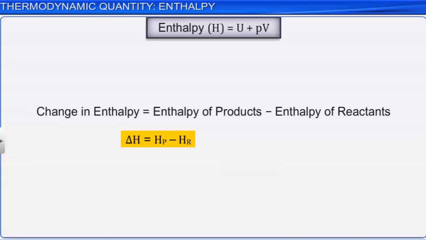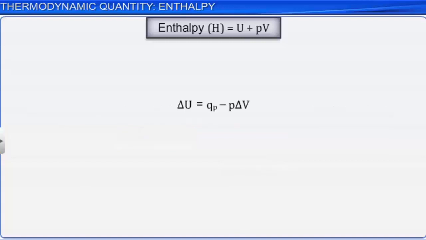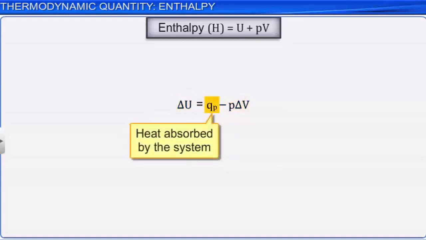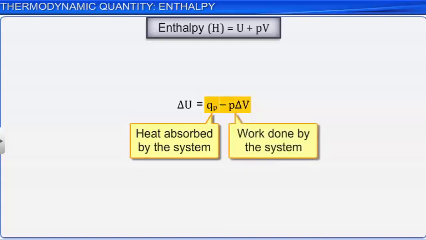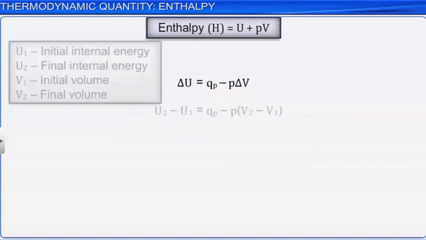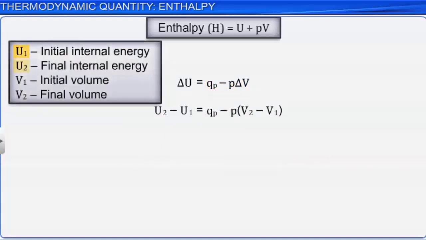The significance of delta H also follows from the first law of thermodynamics, as delta U is equal to QP minus P delta V. Here, QP represents the heat absorbed by the system and minus P delta V represents the work done by the system. Let U1, U2, V1 and V2 represent the initial and final internal energies and volumes respectively.